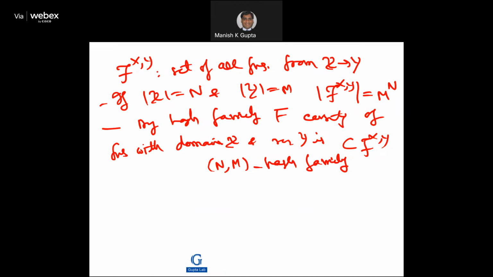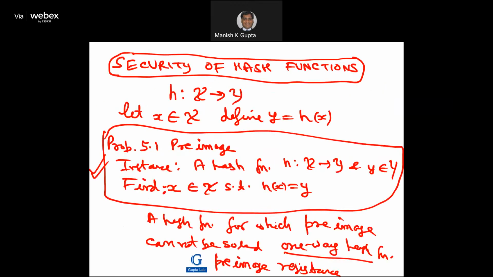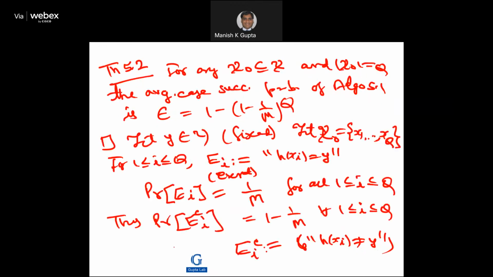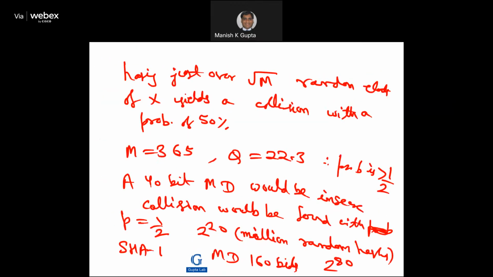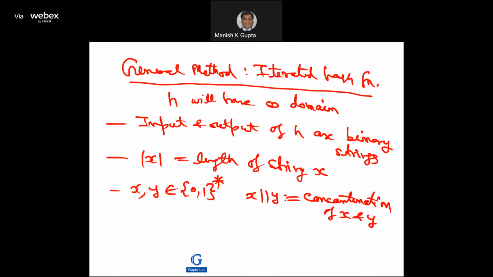If X is finite, that is the previous case; if it is infinite, then we talk about iterated hash functions. So let me talk about iterated hash functions. Here h will have an infinite domain. The input and output of H are binary strings, fine.